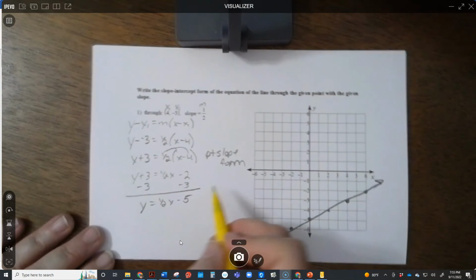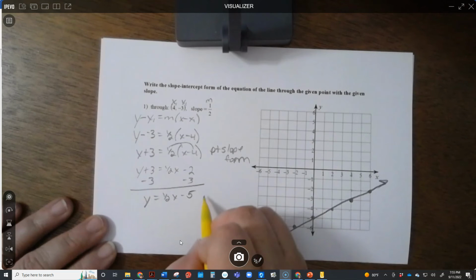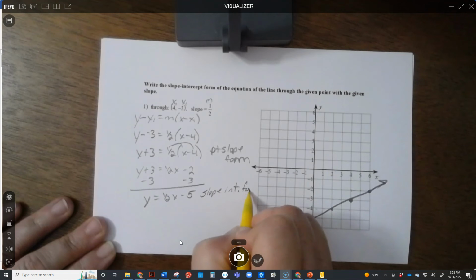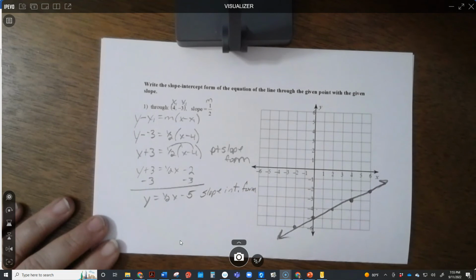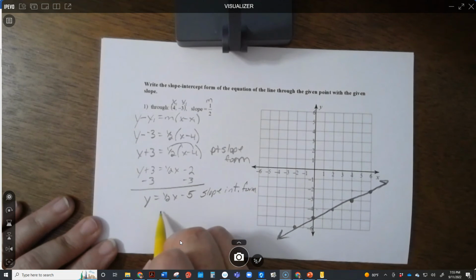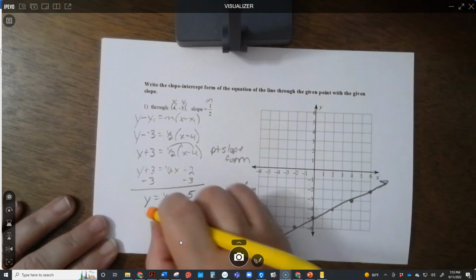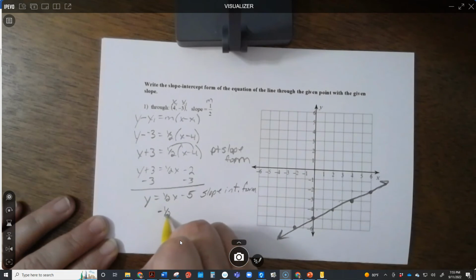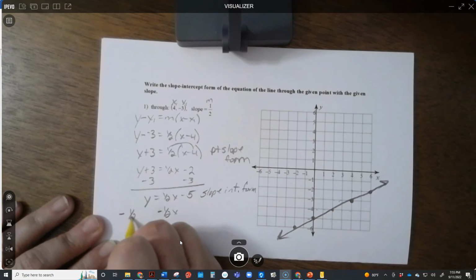And now if you want to take that, this is slope-intercept, and now you want to change it to standard. We're going to do the opposite of 1/2 x, which is minus 1/2 x from both sides.